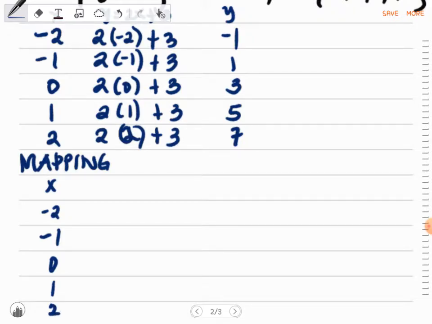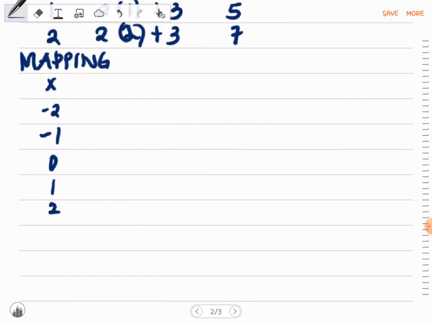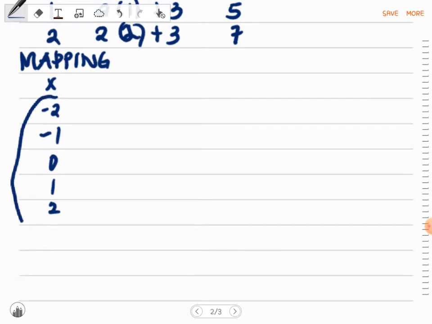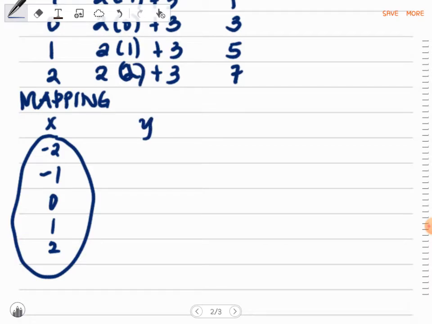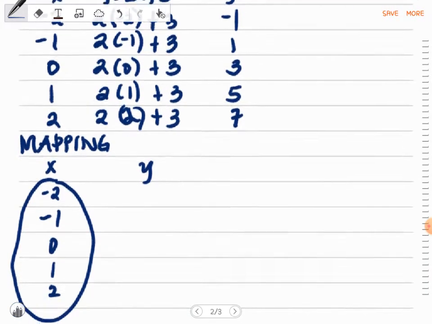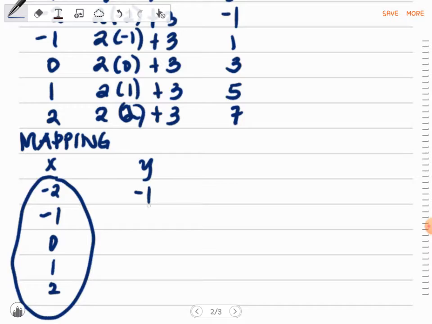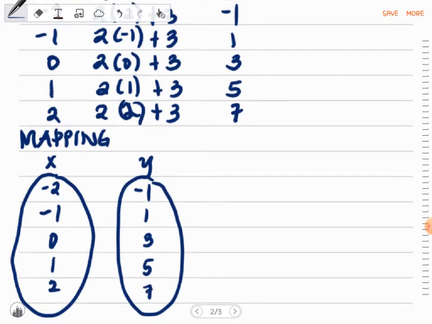Okay, so that's the first part. And then we will do a map like that. And then for y, we have negative 1, 1, 3, 5, and 7. So that's another mapping.